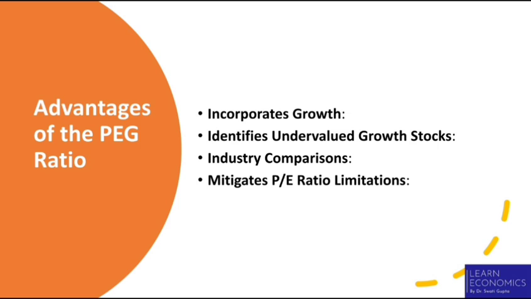Fourth, mitigates PE ratio limitations. The PE ratio only considers current earnings, but the PEG ratio adds the dimension of growth, making it more reliable for evaluating fast growing companies.